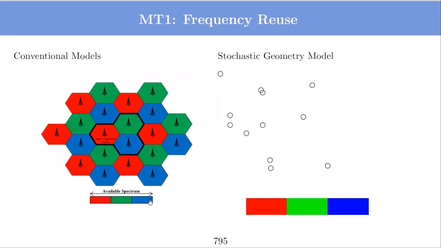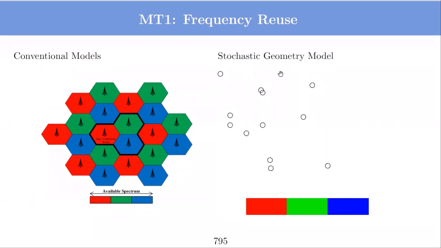These are three different spectrums, and I assign some base stations red, some green, some blue. Here, the green and blue spectrum base stations will not interfere. The interference will only come from transmitters operating at the same frequency, which are this and this. Because of the higher distance, the interference may reduce, so this may improve your performance a little bit.